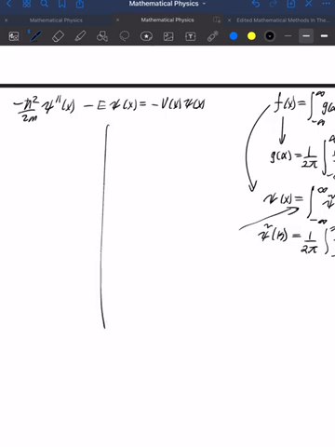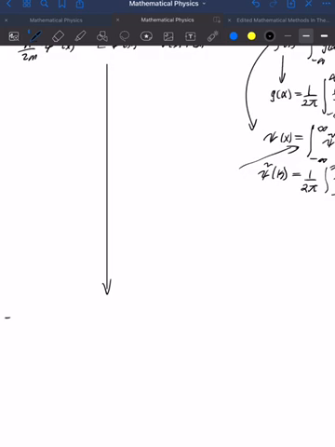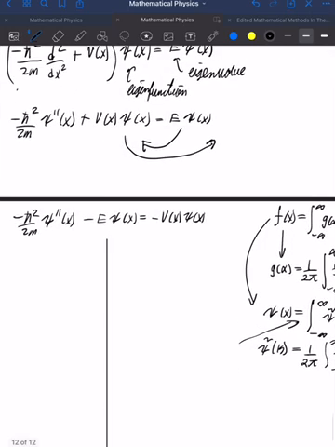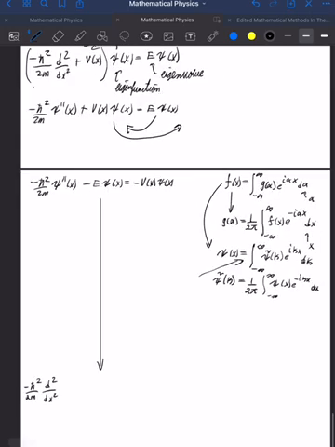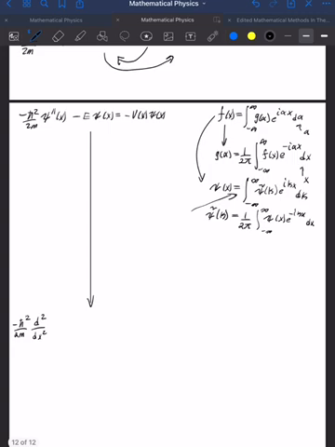So just to make some space, we're going to move down here. So minus h bar squared over 2m times d squared dx squared. So this is psi double prime up here, but that's the same thing as d squared dx squared of psi of x, right?